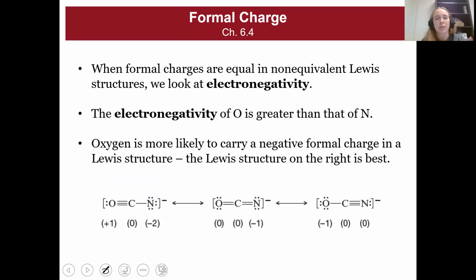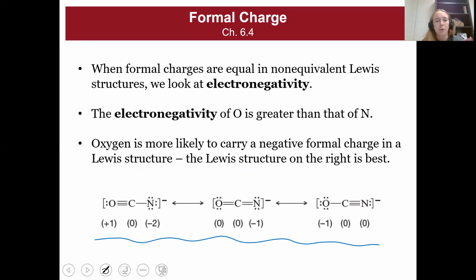When formal charges are equal in non-equivalent Lewis structures, so we have 3 non-equivalent Lewis structures like the ones down here, for the cyanate ion, I think it's called. I don't even remember all of them.